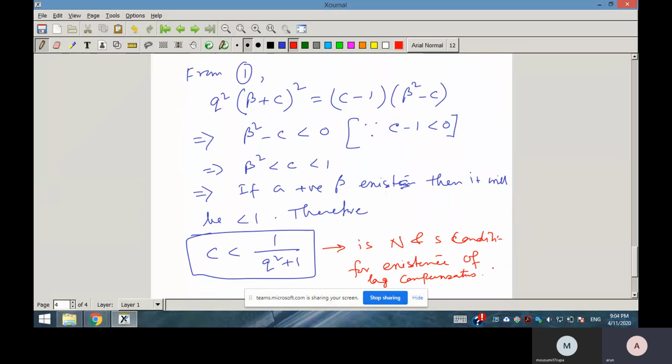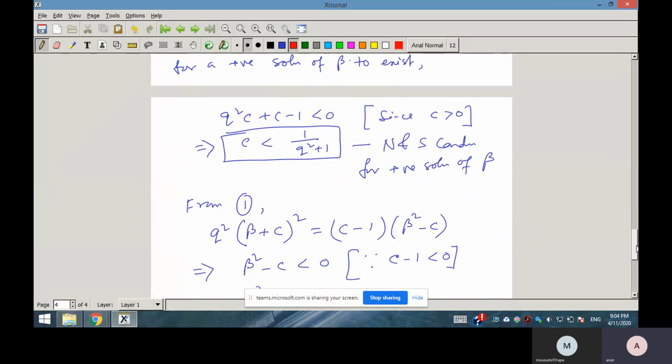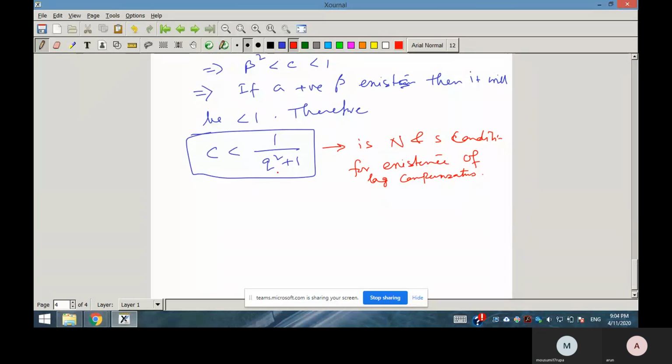So now suppose you have found out beta, so what are the steps? Given phase lag and gain attenuation at a particular frequency, we will first check whether this necessary and sufficient condition is satisfied or not. Then only the lag compensator can be designed.